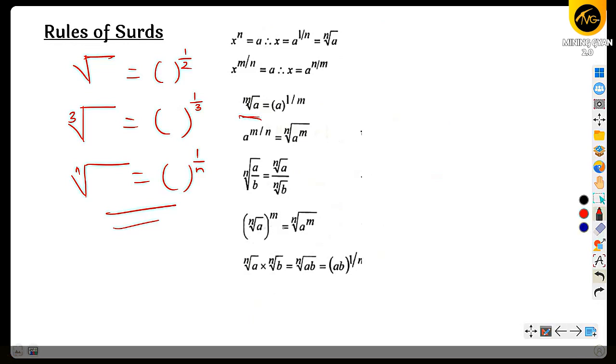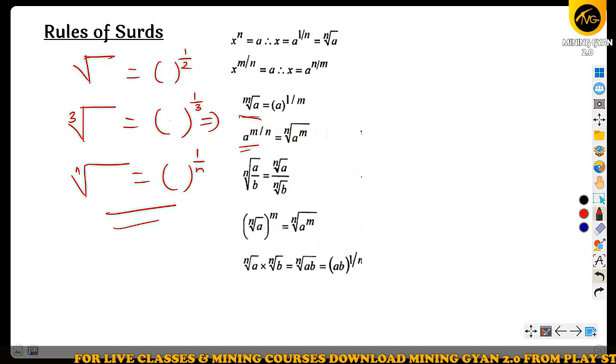Now next one is the root m of a is equal to a power 1 divided by m. This is similar to this situation. Now a power m divided by n means the nth root of a power m. Similarly, for the root of a fractional number a divided by b, it can be written as the nth root of a divided by the nth root of b.